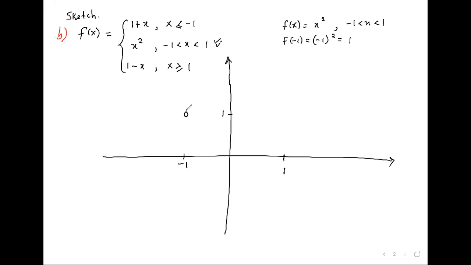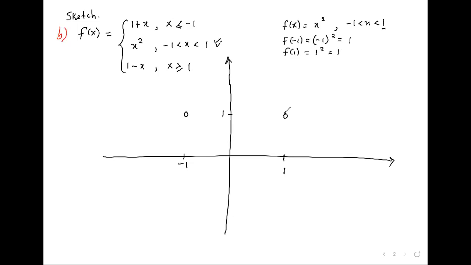And then the other one at 1, so f of 1 is 1 squared, which is 1. So again, we open there, also getting 1, 1.